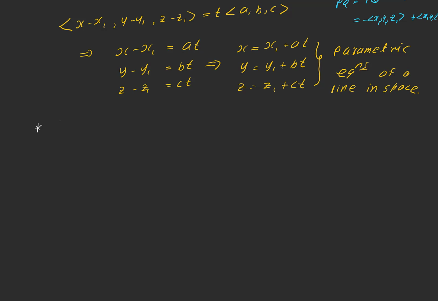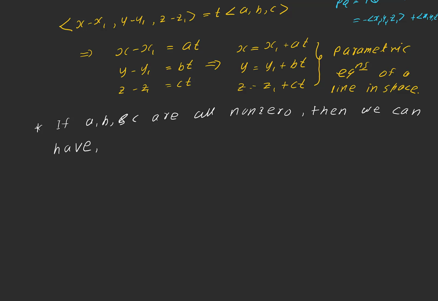If a, b, and c are all non-zero, then we can have (x minus x1) divided by a equals t, (y minus y1) divided by b equals t, (z minus z1) divided by c equals t.